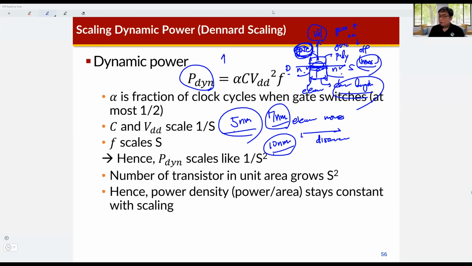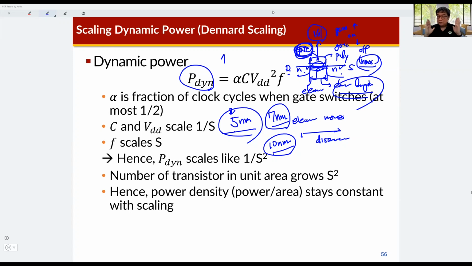So I believe students usually know, if this number is smaller, that means it's the better technology. So that means the distance between drain and source is shorter.